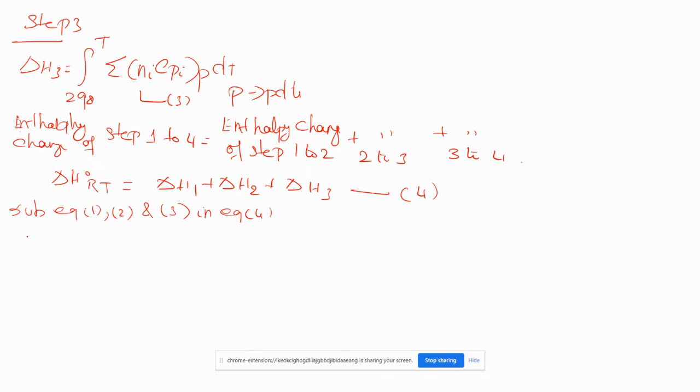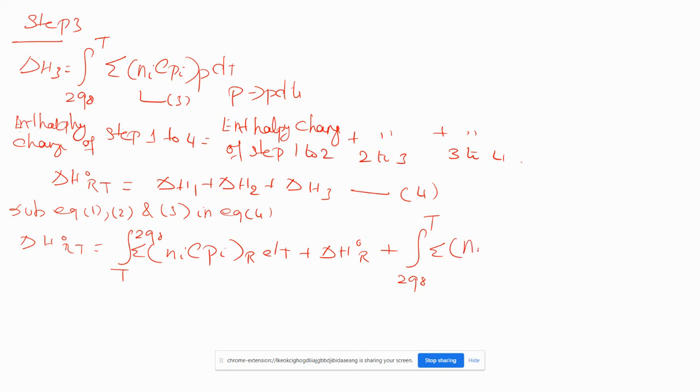So you will get del H0 RT is equal to the integral from T to 298 of sigma Ni Cpi of R dT, plus del H0 R, plus the integral from 298 to T of sigma Ni Cpi naught of P dT.